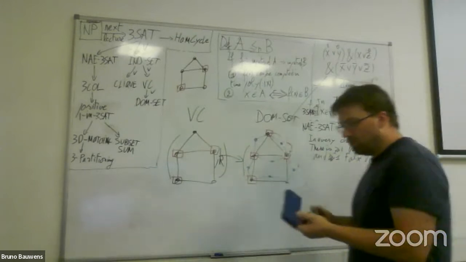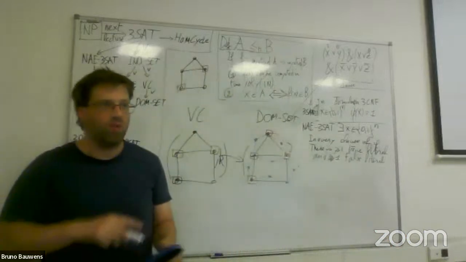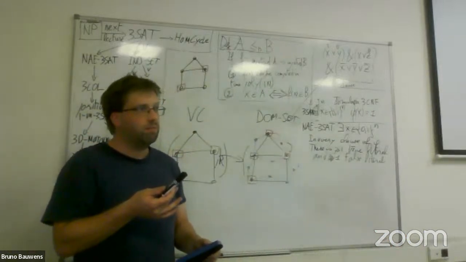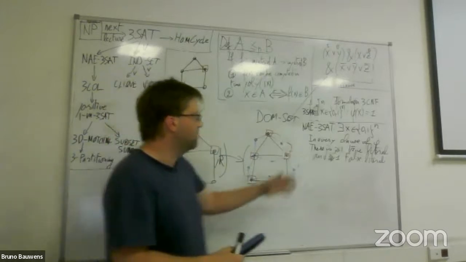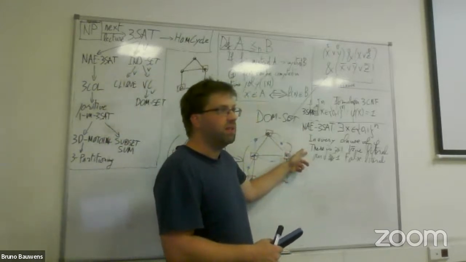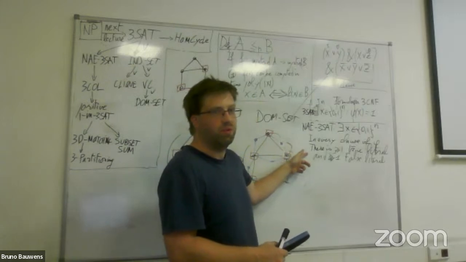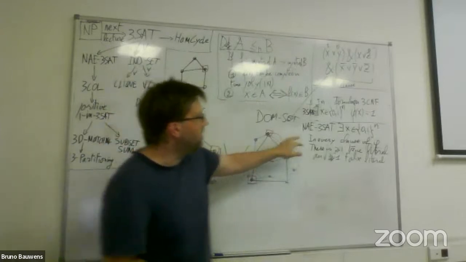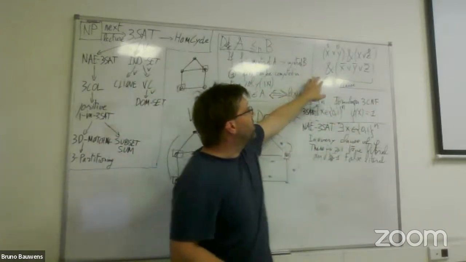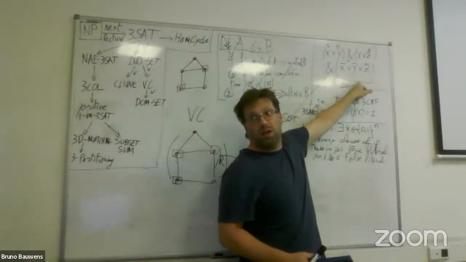And note that this problem is symmetric in the sense that if we flip all variables of the assignment, we will still have a satisfying assignment. It will still be a witness, a certificate that the answer is yes. So we want an x such that every clause contains a 0 and a 1.